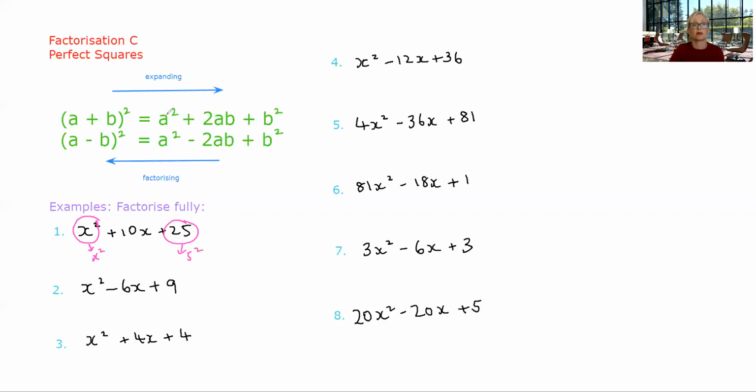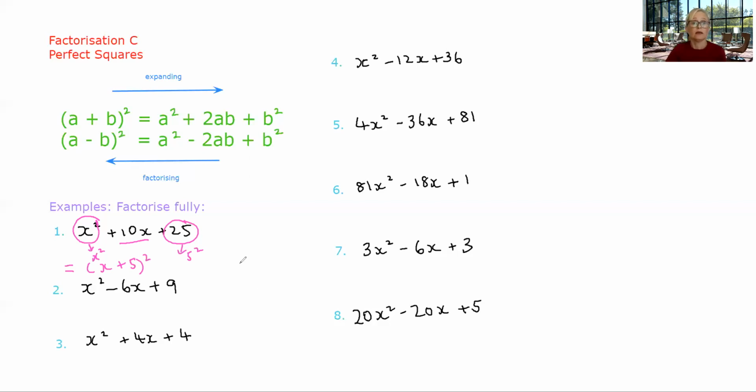So we've got our a squared plus b squared there. Then what we need to do is check, is that middle term 2 times our x times our 5? Well, 2 times x is 2x, times 5 is 10x. So yes, this is x plus 5 all squared.